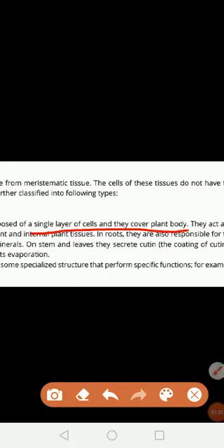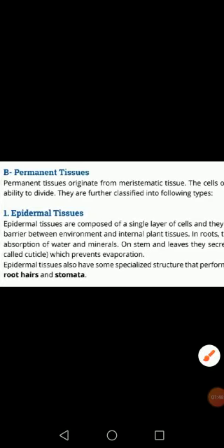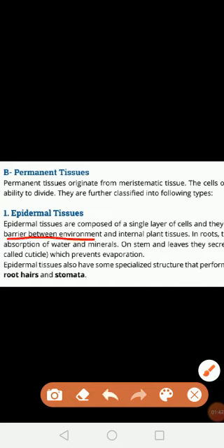Because they form the outermost covering of the plant, they act as a barrier between the environment and the internal plant tissues. It protects the different parts of the plant.